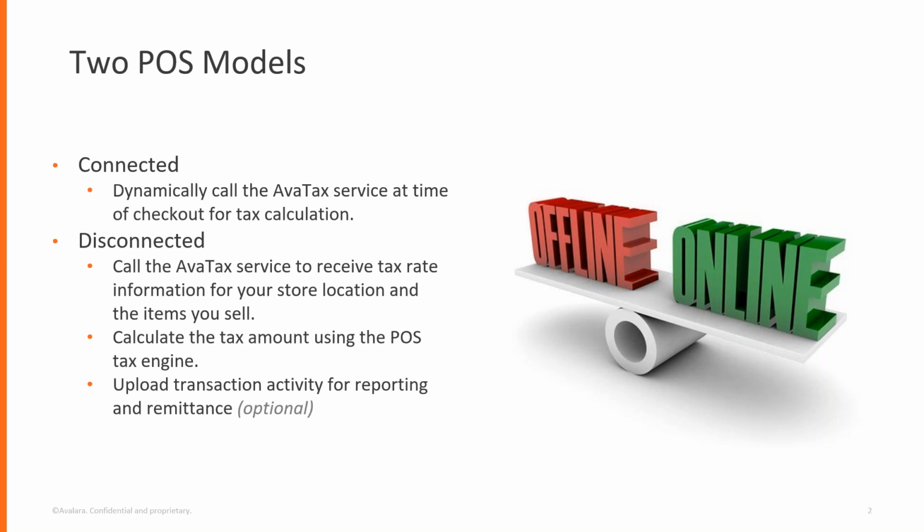There's some functionality that you lose out on. But the key is we do support it, and you can provide the tax calculation for the end users. And then we also want to make sure we capture those offline transactions so that the merchant can properly remit. So first we're going to dive into the connected model, talk about the features and functionalities there. Then we'll talk a little bit about the disconnected model, the offline calculation process.